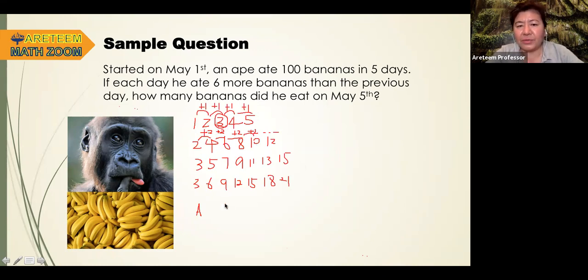Do the next one: 2, 4, 6, 8, 10, 12. What's the average of that sequence? You add them up and divide by 6, because this time you have 6 terms, right?